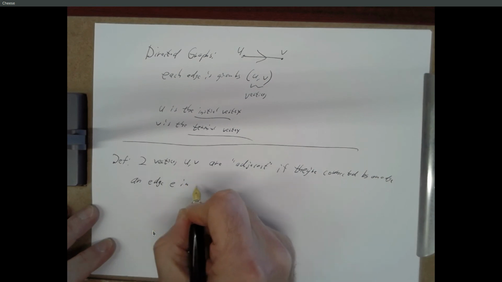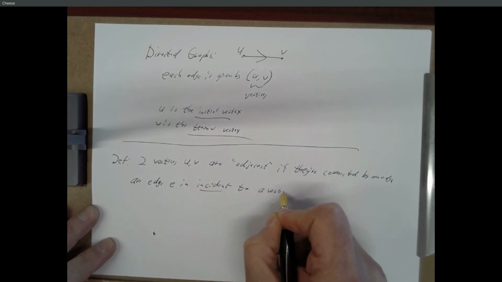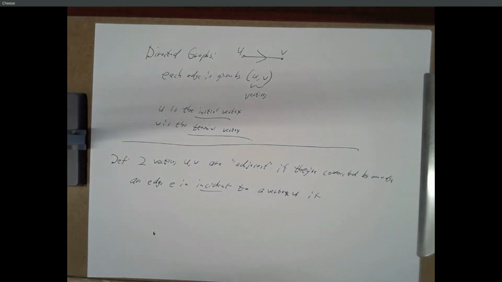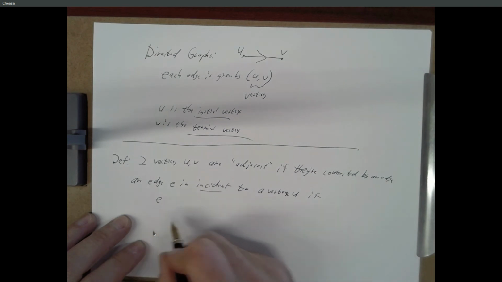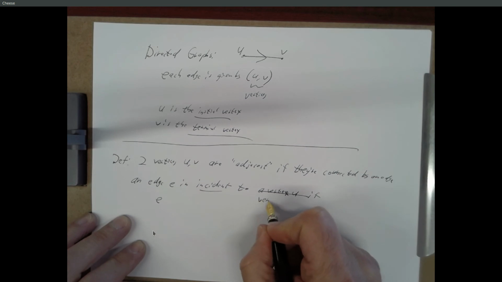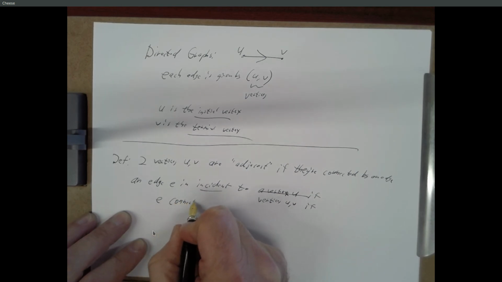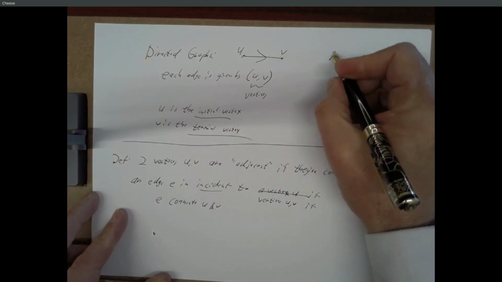And an edge E is incident to a vertex U if E connects U and V. So you could say E is incident to U, or it is incident to V, or incident to both. So let's just do some pictures.